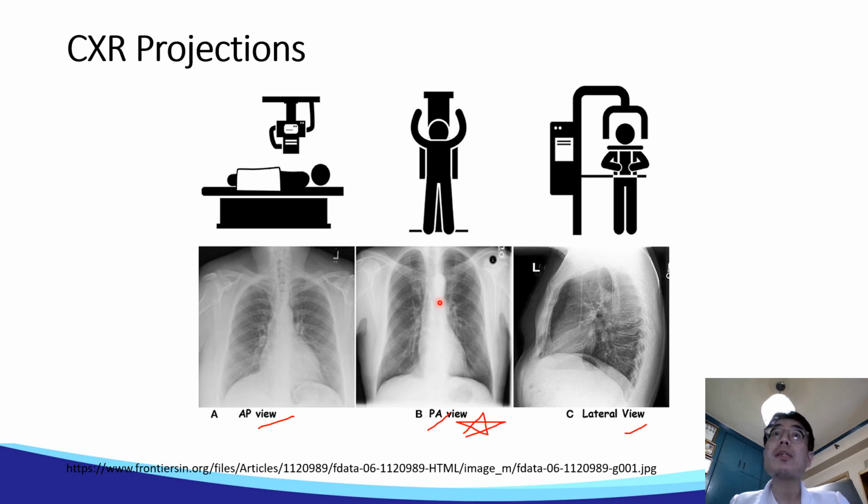The PA view is the best projection to examine the lungs, as we can see here, the bones of the thoracic cavity, the mediastinum or the chest wall, and the great vessels, which are the aorta and the vena cava. The obvious requirement and potential disadvantage, however, is that in a PA view, the patient needs to be able to stand erect, which may not always be possible for the very sick and bedbound patient.